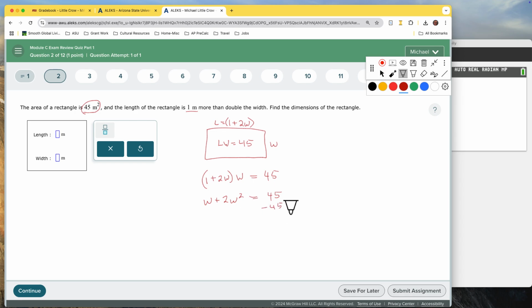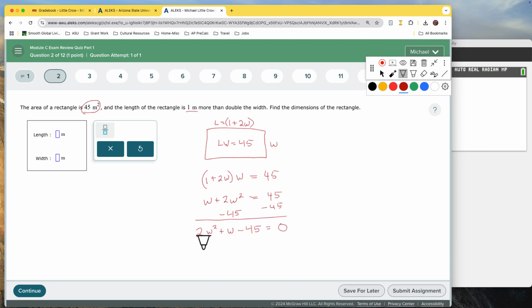Subtract 45 from both sides because we want one side to be equal to 0. I'm going to move the 2w squared to the front, minus 45, and that will be equal to 0.